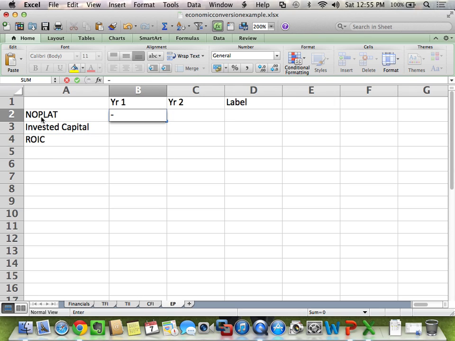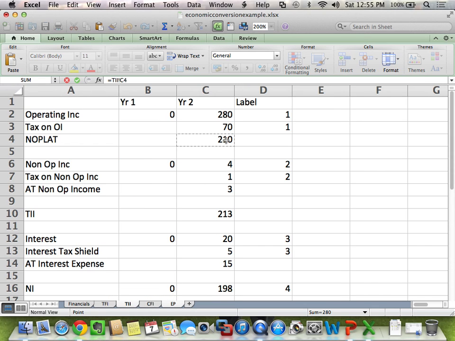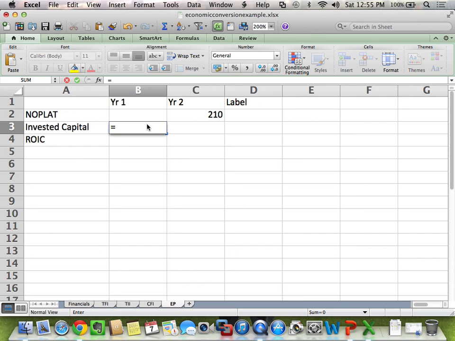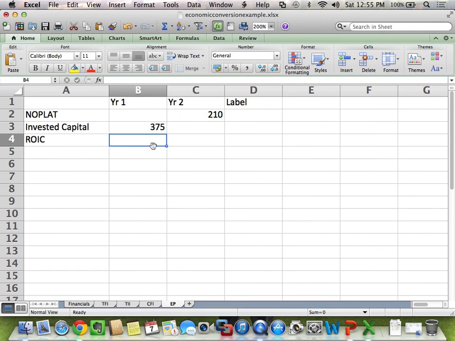So, do I know my NOPLATs? Yes. My NOPLAT for year 2 is already calculated. My invested capital for both years is calculated off the TFI.